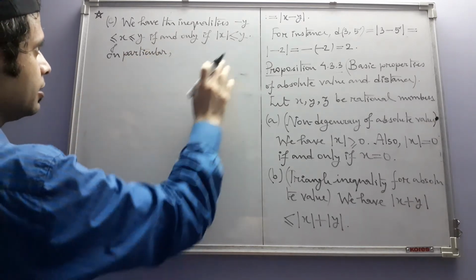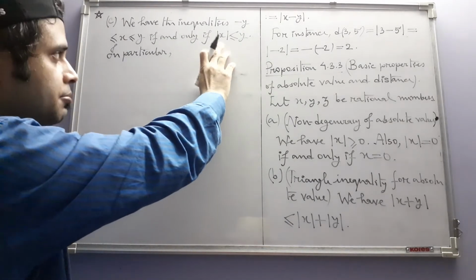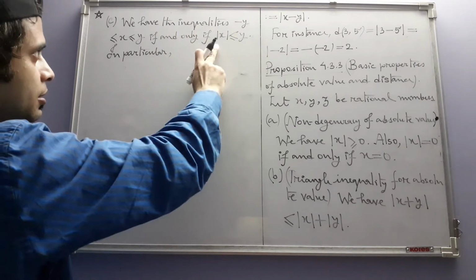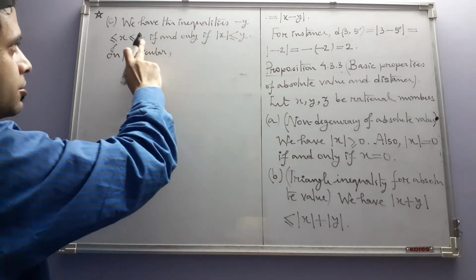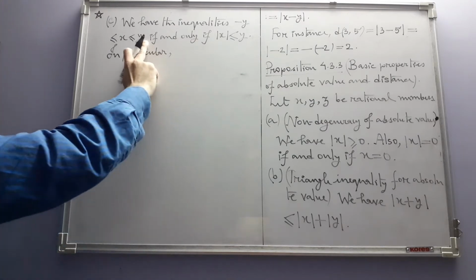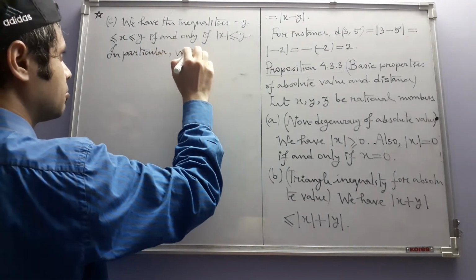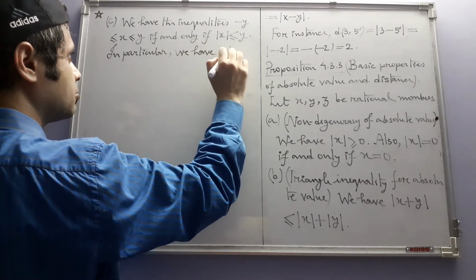In particular, in place of y we can take absolute value of x also, because then we will have equality. So that means because this inequality is equivalent to these inequalities, here also we can take absolute value of x. In particular, we have this.